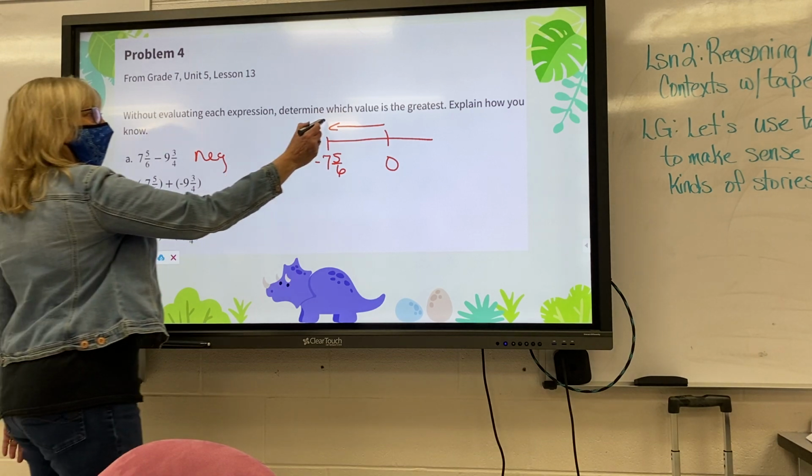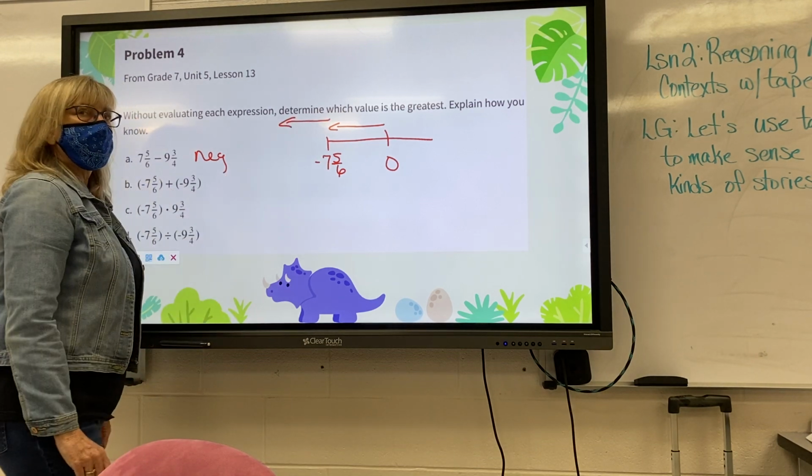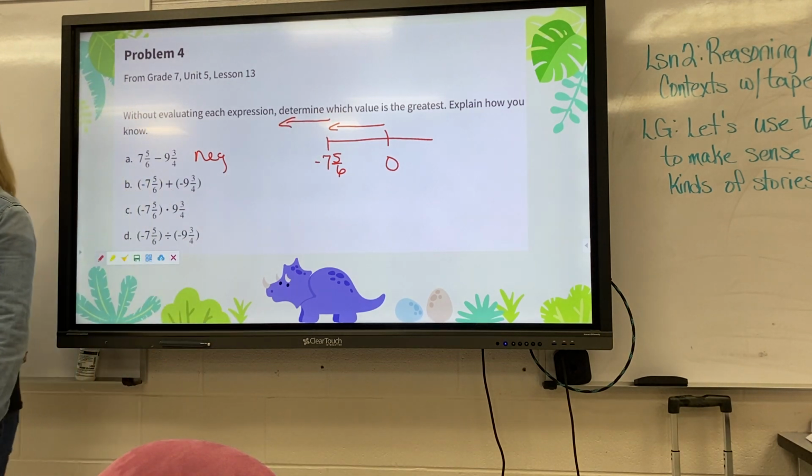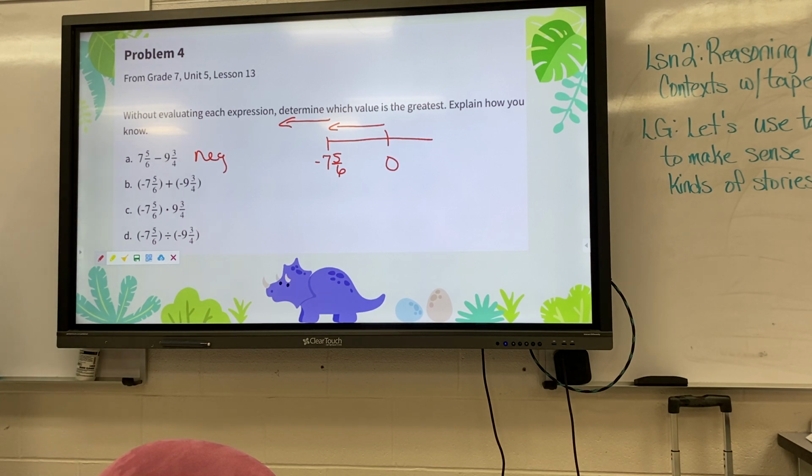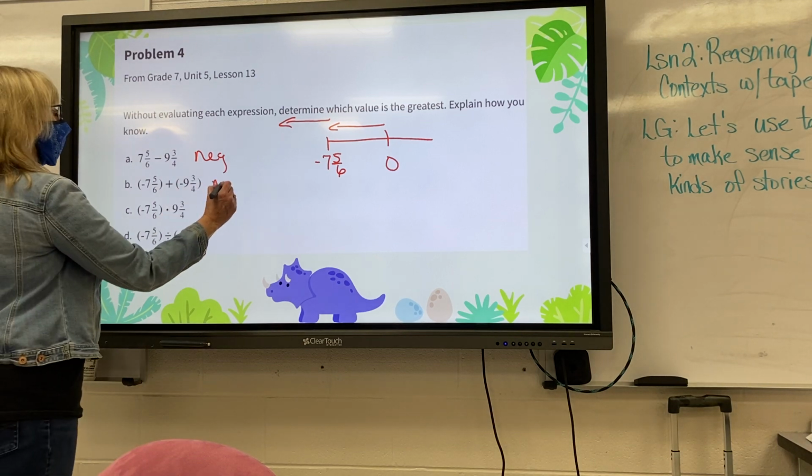Am I going to keep going this way? So how is my answer going to be positive? Is my answer positive? No, it's negative. A negative times a negative is a positive, but a negative plus a negative is a negative. Okay, so this one's negative.